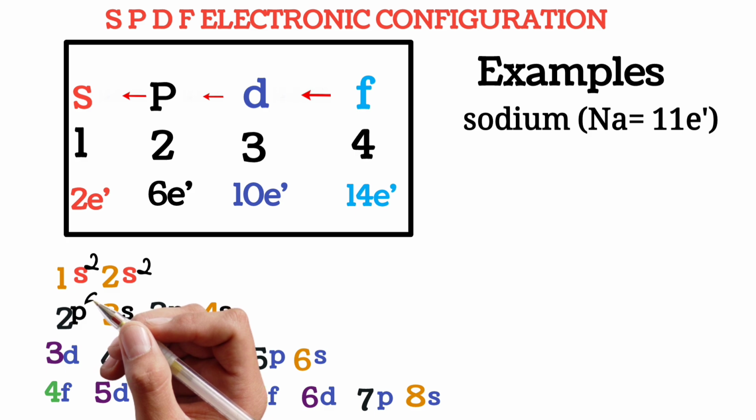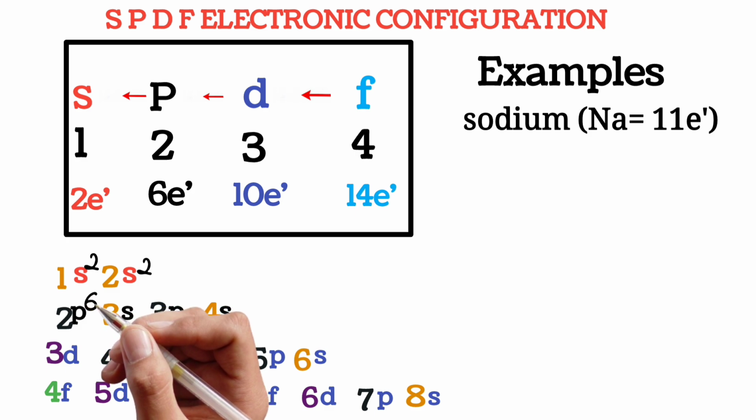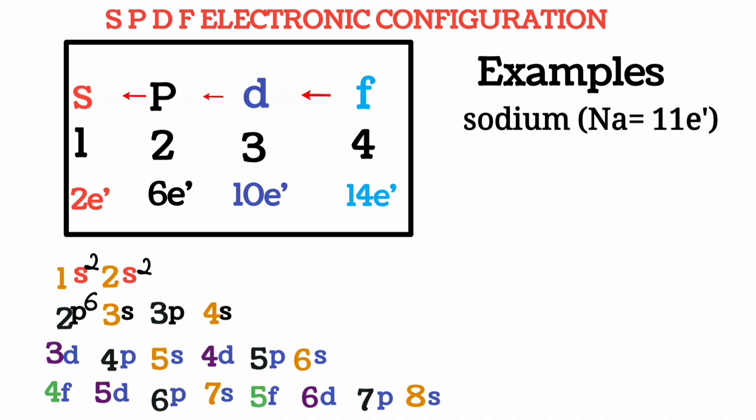Now we are going to the next orbital, which is the 2p. We know that the p orbital takes a maximum of 6 electrons. So we have given 6 electrons to the p orbital. 2 plus 2 plus 6 gives us 10 electrons. So 1 electron is still pending.